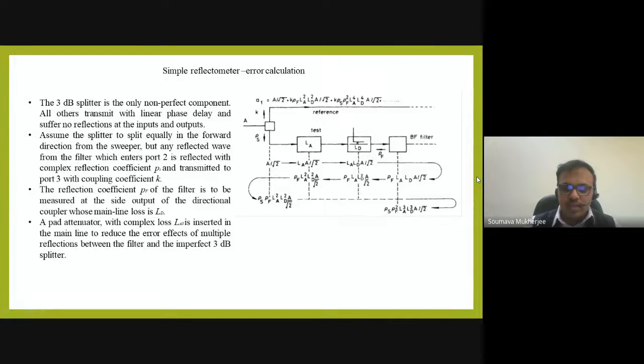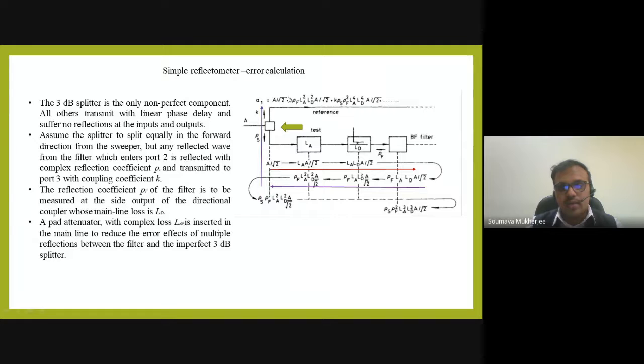So whatever I discussed, I'll try to show it by arrow. So first wave is going, the red one, up to the band pass filter, the device under test, experienced a reflection, came back up to the power splitter. Okay, then we have two things. One is the reflection, that is multiplied by rho s, the reflection, and one is transmission to the reference path.